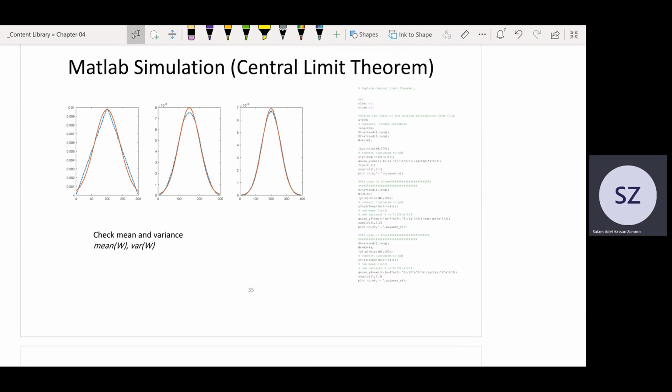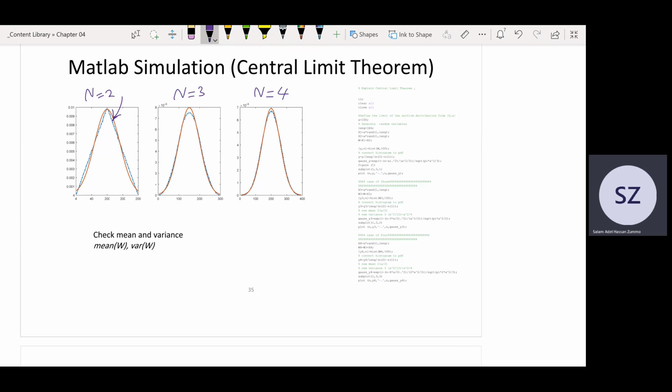So here we are plotting for n equal to 2, where you have the triangle. Here n equal to 3. And you can see the red one is the Gaussian with the mean and the variance according to the equation that we found.